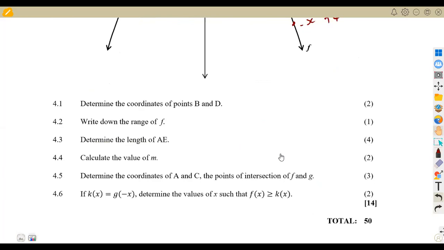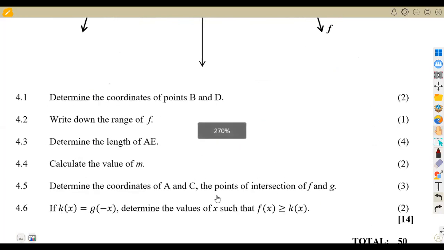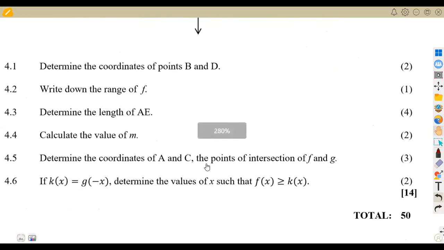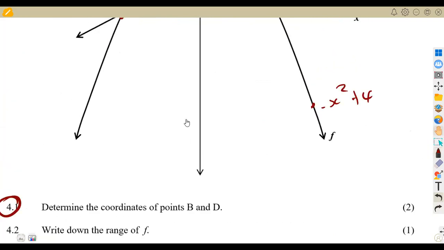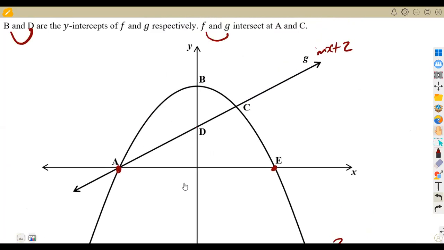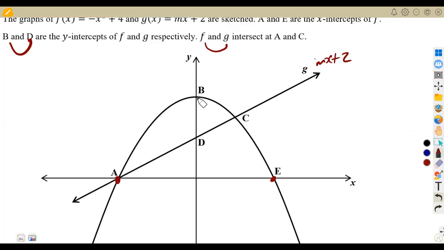The first part of our question, 4.1, was to determine the coordinates of the points B and D. So where do we have B? B is here. Remember, B is the value on the y-intercept, where x is equal to 0.